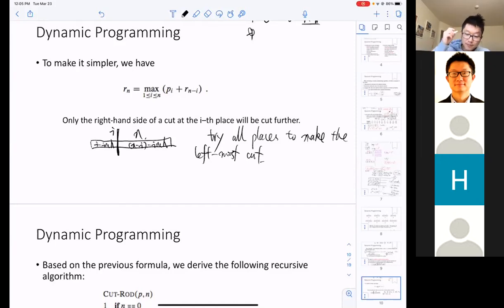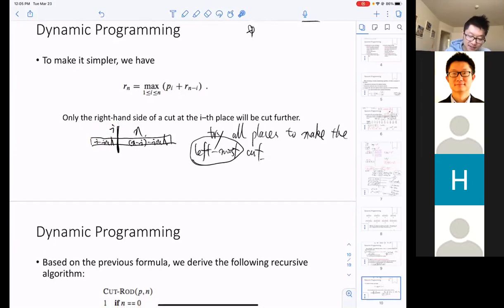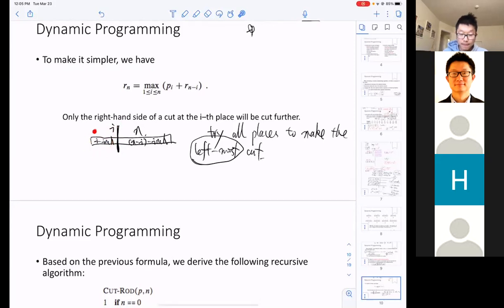Yeah. Okay, but since this is the leftmost cut, the left part is not allowed to be cut anymore. This is among all the possible cuts, this is the leftmost one. So whatever is to the left over here has to be sold in a whole piece. So how much money can we make from selling a rod of length i without any cut?